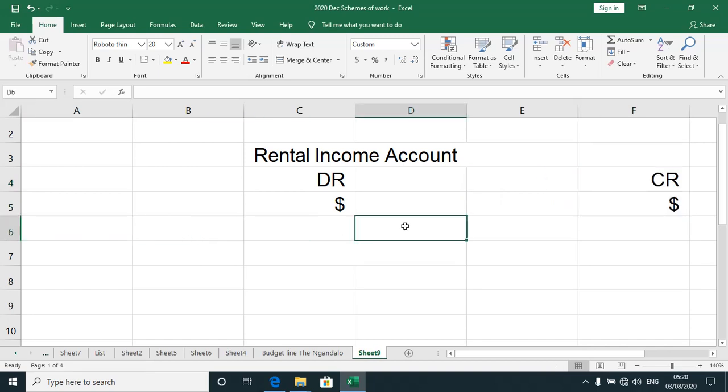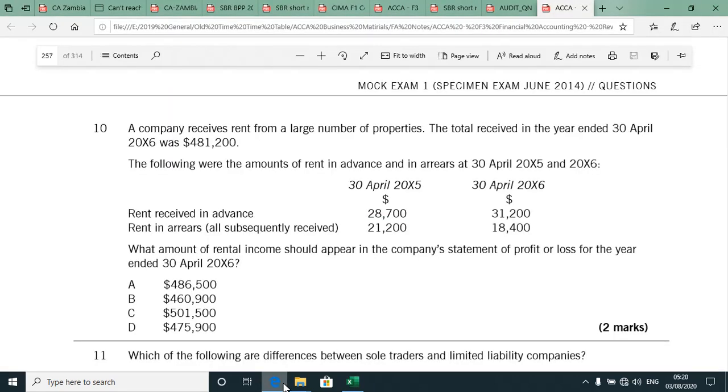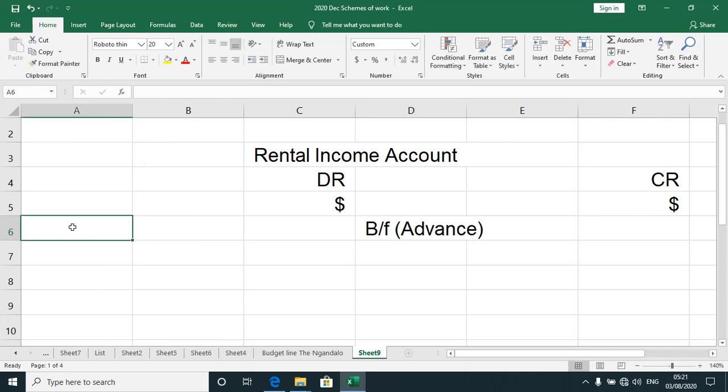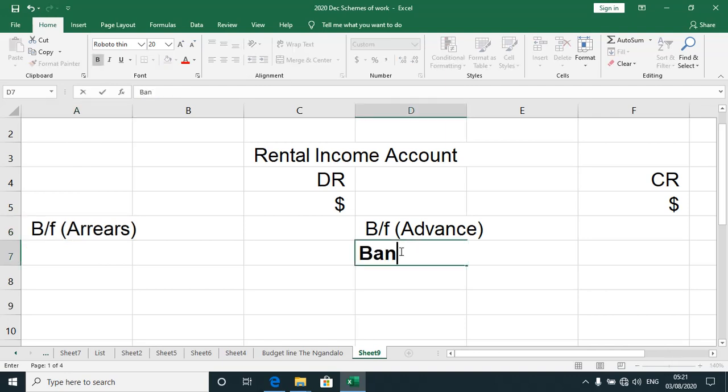What we do in this account is, of course, to respect the positions of these figures. Rent in advance brought forward from the previous year should be credited. Then brought forward rent in arrears from the previous year should be debited.